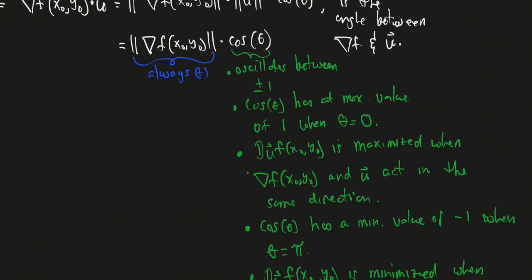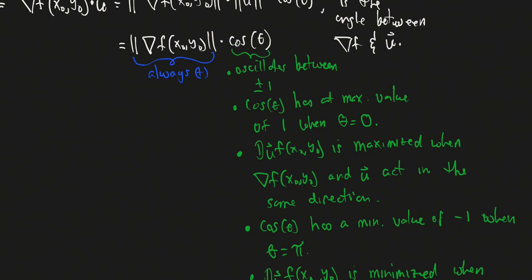And what this gives us, and remember, this expression here is an alternative formula for computing this rate of change. So the maximum will occur when this is equal to 1, which means theta has to be 0, which means del, or gradient, and u, our unit vector, act in the same direction, which makes this equal to 1.